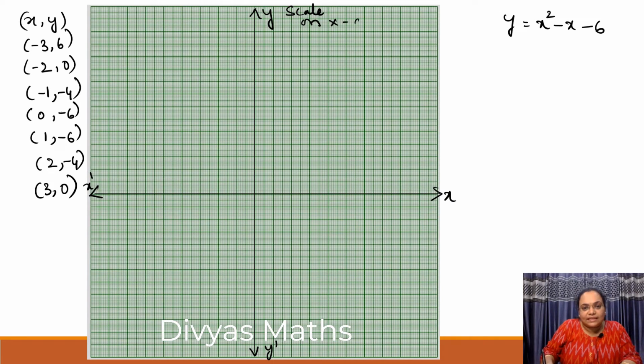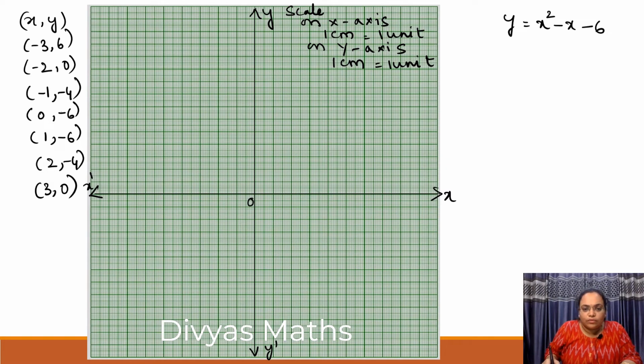On x-axis, 1 centimeter is equals to 1 unit. On y-axis, 1 centimeter is equals to 1 unit. Okay, so by seeing the x and y coordinates, I am taking 1 centimeter as 1 unit. Clear?